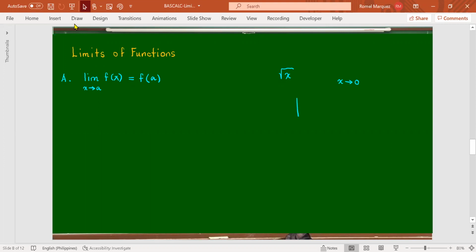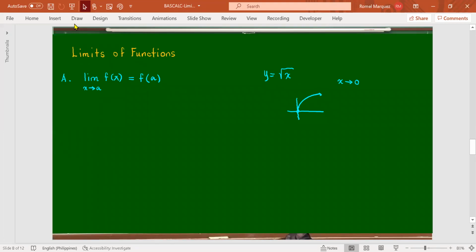Because if you graph y equals square root of x, it starts from this point and goes up. So if this is the point where I am interested, I can go to the immediate right, but I cannot go to its immediate left. Why, guys? Because there is no graph to the left, no?